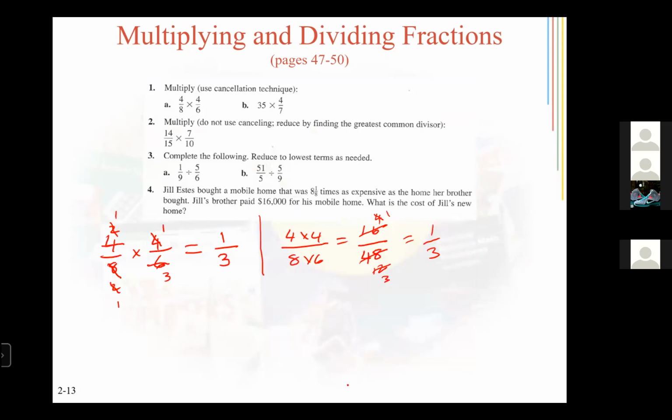Now, they didn't give us any in this example, but let's look at one. So if I say 5 and 3/8 multiply by 2 and 1/5. Okay, so we want to do that mixed number multiplication.